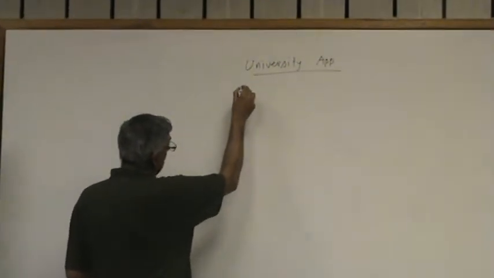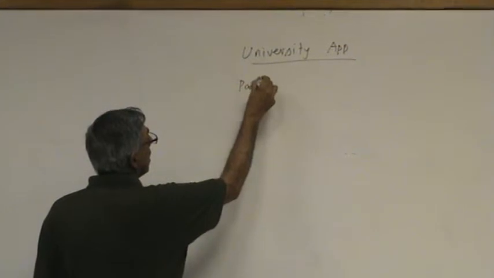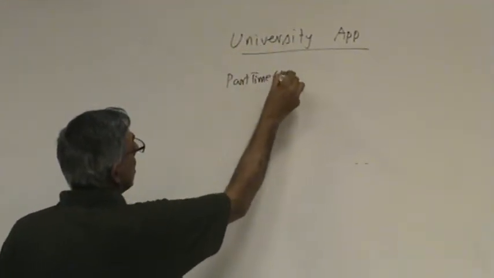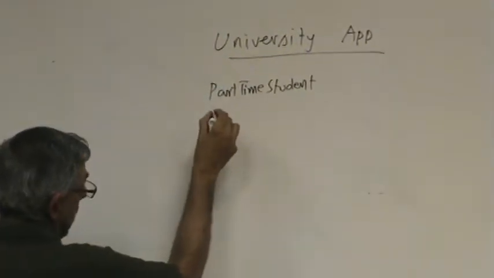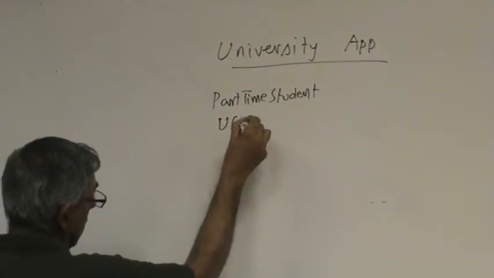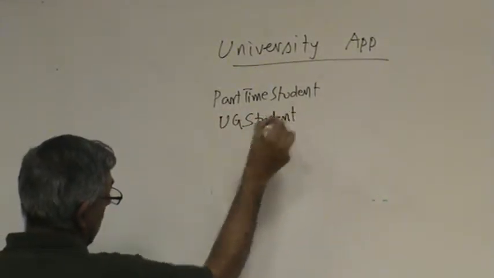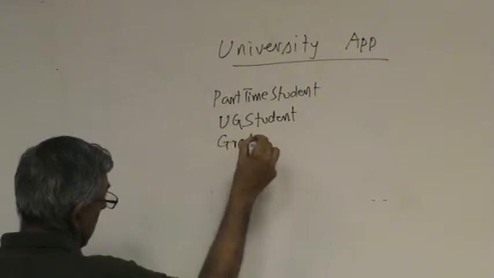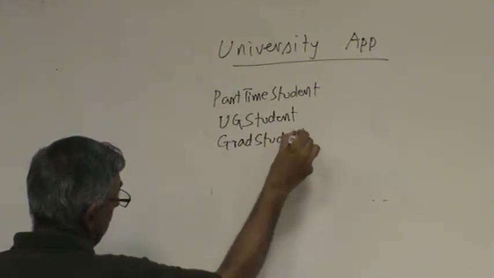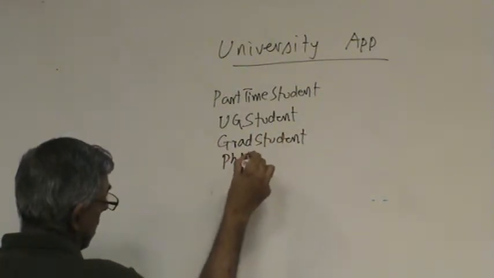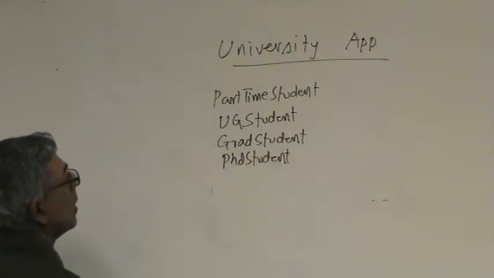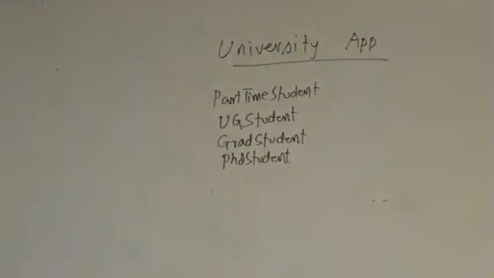Again, let's pretend we have a part-time student. We have an undergraduate student. We have a grad student. We have a PhD student. Okay, so this is the student side, right?